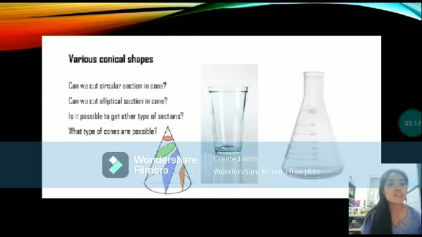The red one, as you can see, is actually the circle. The one there is a cone. And then the green one, you have the ellipse.